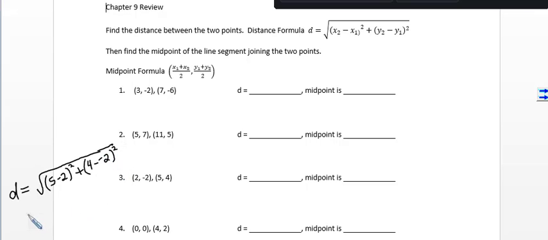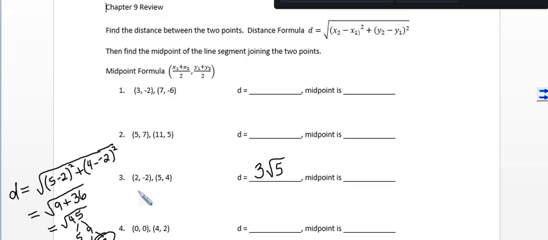So that's going to be 5 take away 2 is 3. 3 squared is 9. 4 take away negative, we're going to add. So that's 6. 6 squared is 36. So that means that this is the square root of 45. So that's going to be a 5 times 9, and 9 is 3 times 3. So this becomes a pair of 3's with a 5 left over, which is 3 square root of 5.